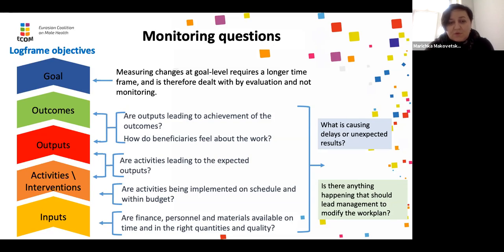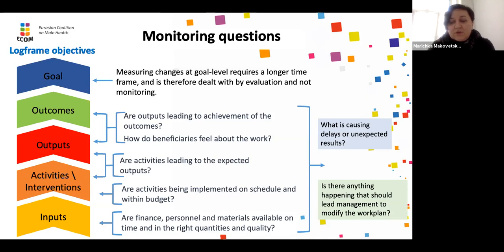Also, at the same time, with this framework, you should ask yourself a few questions, which is, what is causing delays or unexpected results? For example, if you have delays in purchasing condoms, or you have delays in hiring people for positions of social workers, then of course you should understand that you will have delays in your program also.